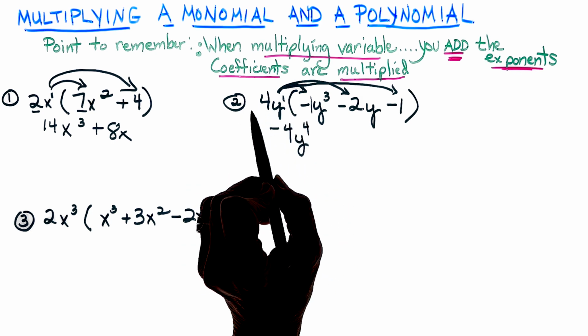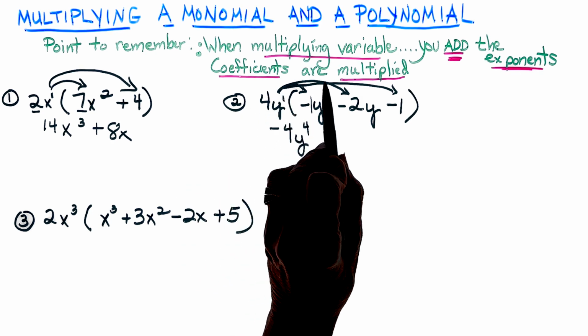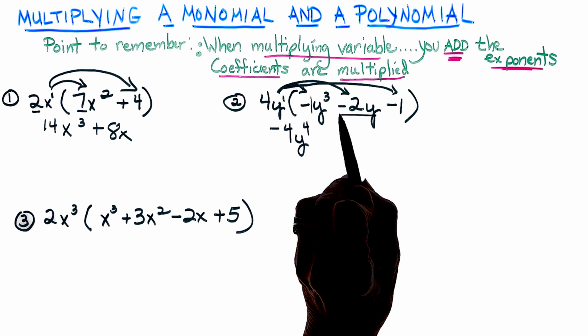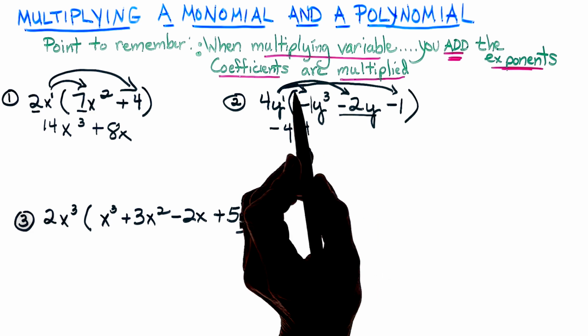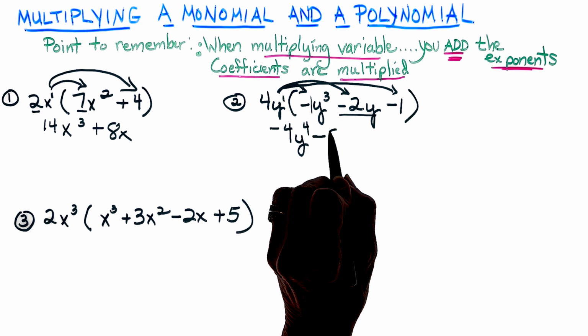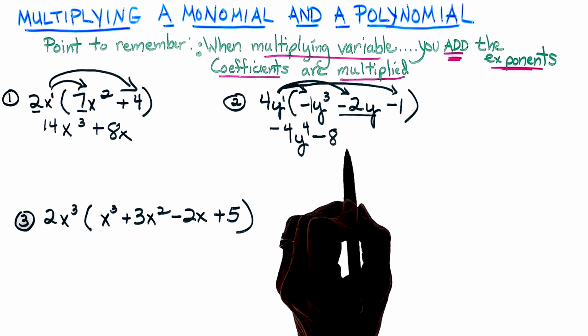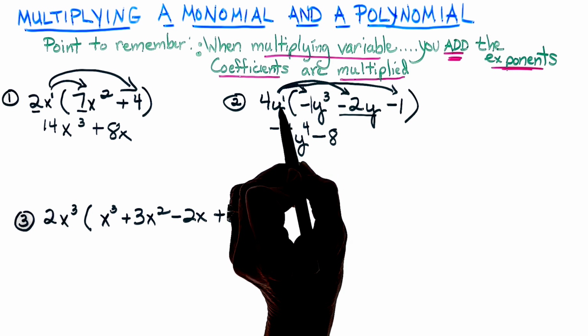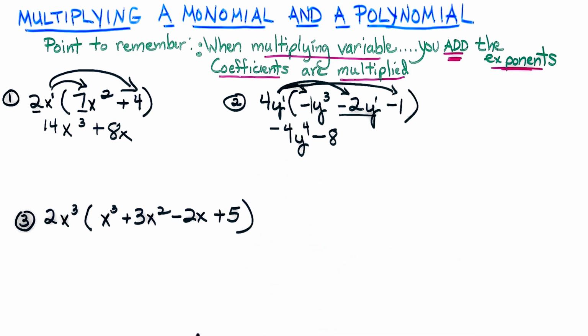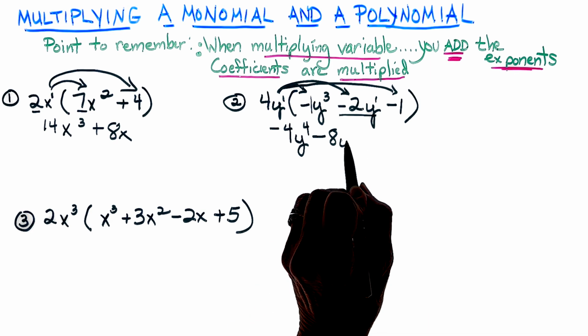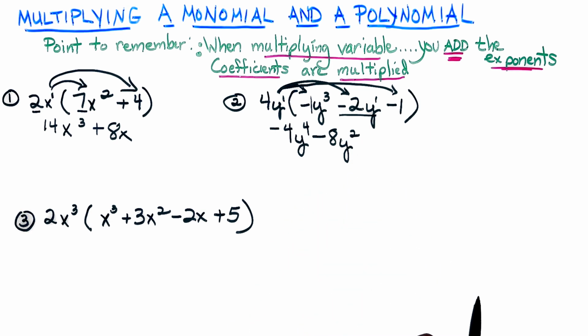Going to my second term, 4y, I'm multiplying it this time by a negative 2y. So 4 times negative 2 is negative 8. So I'm writing a minus 8. And y to the first power, and this is, again, y to the first power, it's understood, that is y squared, 1 plus 1.